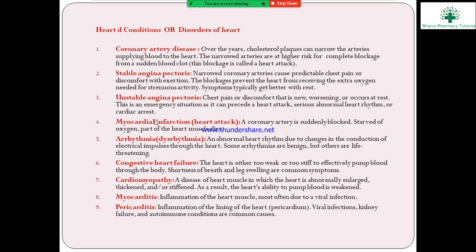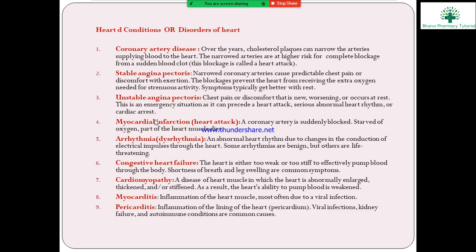The coronary artery has a very important role in supplying blood to the heart muscles. When it is suddenly blocked, the heart muscles die suddenly and the beating stops. That condition is known as myocardial infarction, the sudden death of the heart muscles.